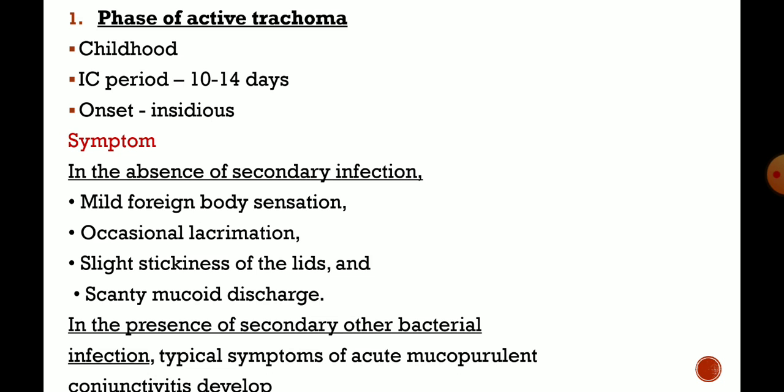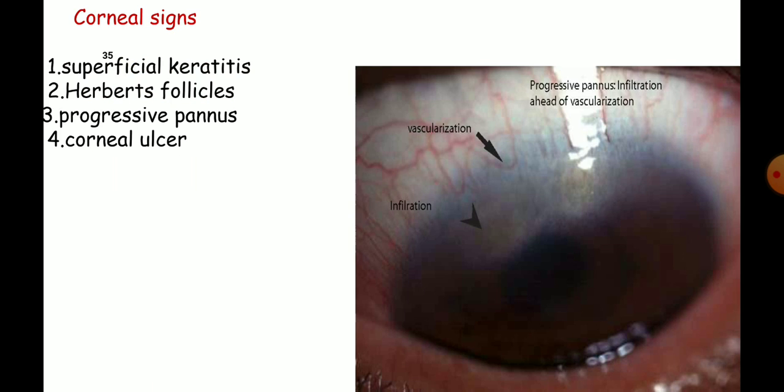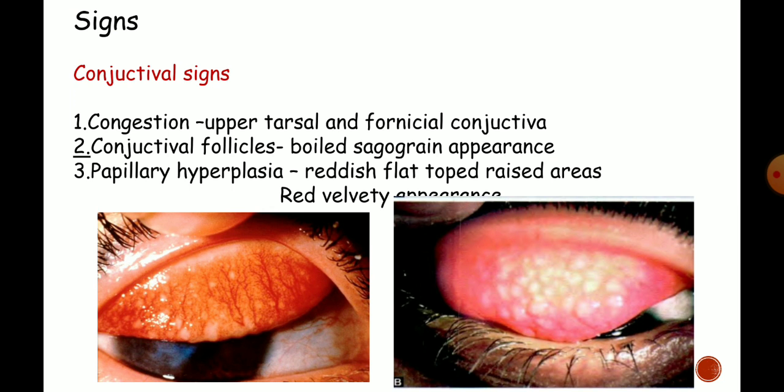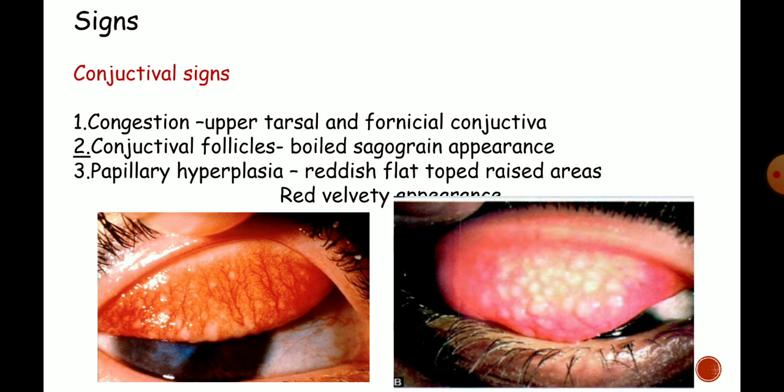Symptoms can be mucoid discharge, stickiness of lids, occasional lacrimation. What you can see in the conjunctiva and what the signs in the cornea are is important. We are discussing the first phase, that is the active stage of trachoma. In the conjunctiva, you can see a lot of papillae, which are reddish, flat-topped raised areas giving a red velvety appearance.